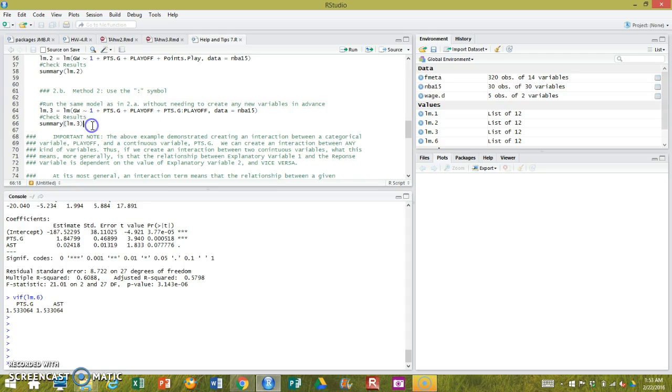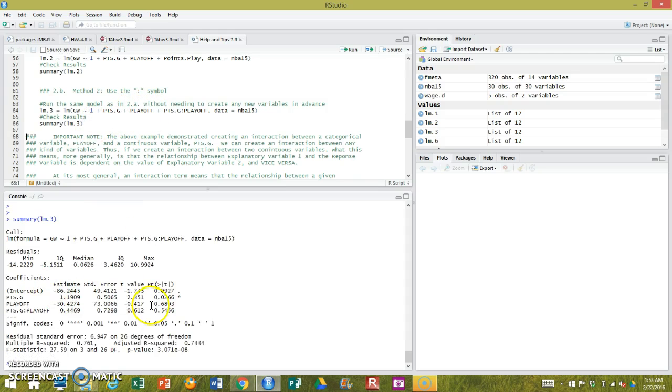And if we look at that summary again, I see massive statistical insignificance here. A 0.68 p-value on playoff and a 0.55 p-value on the interaction. That's huge. And the weird thing is, playoff is statistically insignificant here.